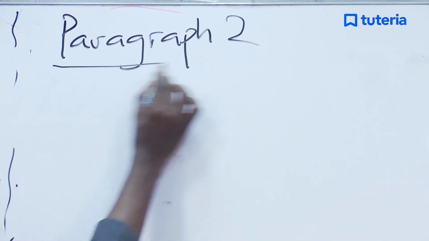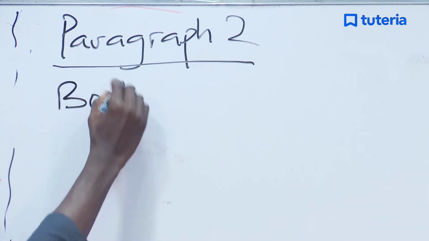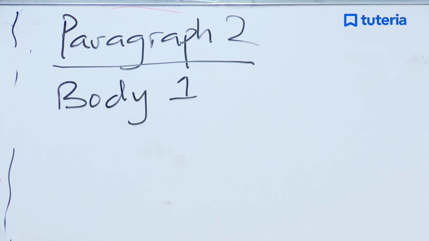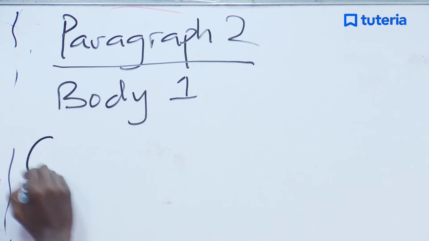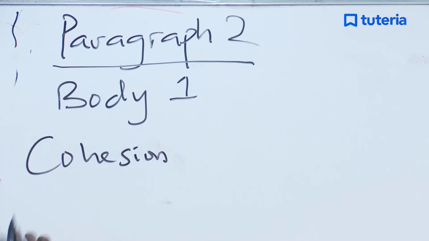Okay, so here we have body 1. For body 1, what do we have? We have cohesion, optional anyway. Cohesion, you can use it and you may not use it.